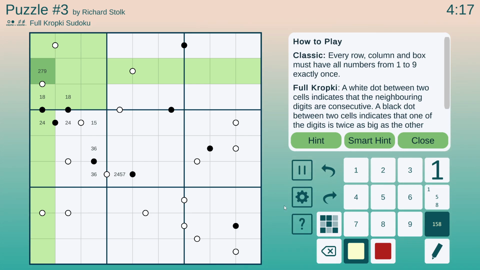2 and 4 hitting this cell, but it could go... Wait, could it go 1, 2? Yeah. I don't see why this can't be 1, 2 in some order. Well, in the order of this being 1 and this being 2. This can't be 1 or 8, so this is 2, 4, 3, 6. And this is either 1, 8, 3, 6.